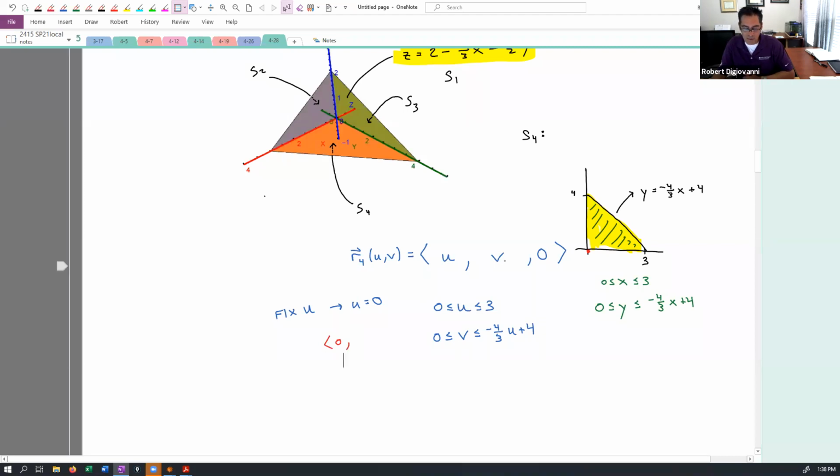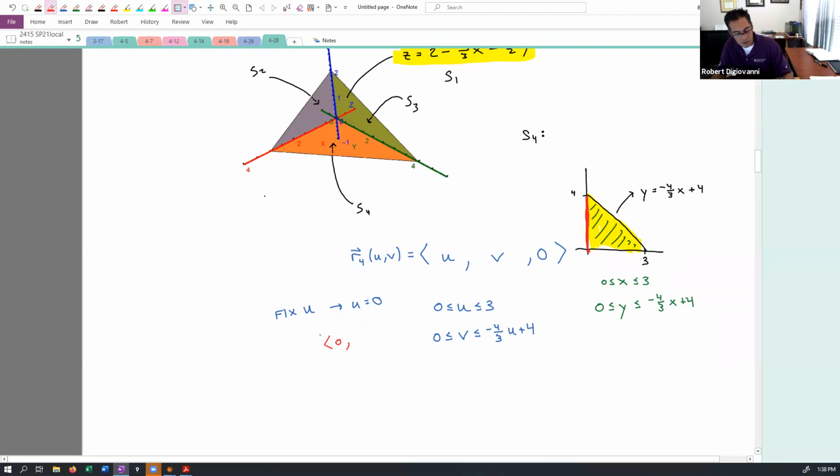And then what happens to the v? Well, v would then be between 0 and, replace that u with 0, you get 0 and 4, right? So now my v, which is my y component, would be everything between 0 and 4. So that would give me this line segment right there. If I fix u to be 0, it's going to draw me that line segment right there.